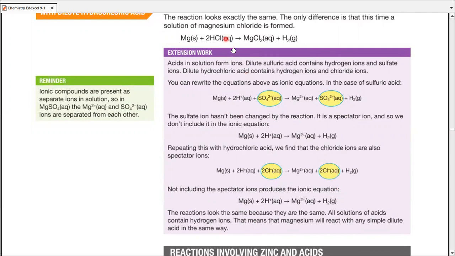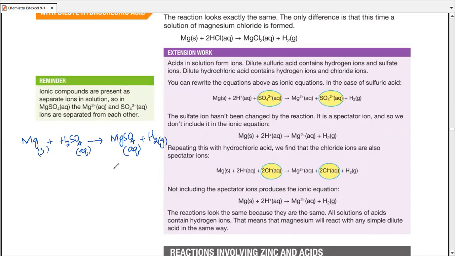This equation was magnesium as a solid plus sulfuric acid, which I took as an aqueous solution in water, gave us magnesium sulfate, the salt, which is very much soluble in water. So I'm also going to write this as an aqueous solution. Plus, it gave us hydrogen gas, which is insoluble in water, so it bubbles out of the system.